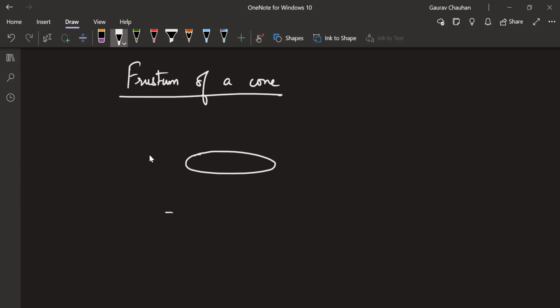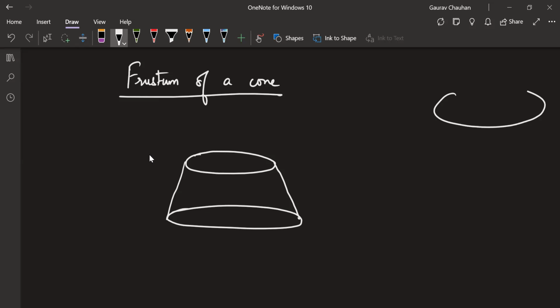So you draw a frustum of a cone, something like this. It may be open, may not be open, just like a cylinder. If it is a solid cylinder, it's not open. Sometimes it's closed. You have a common thing in the shape of a frustum which you see in your house, a bucket.